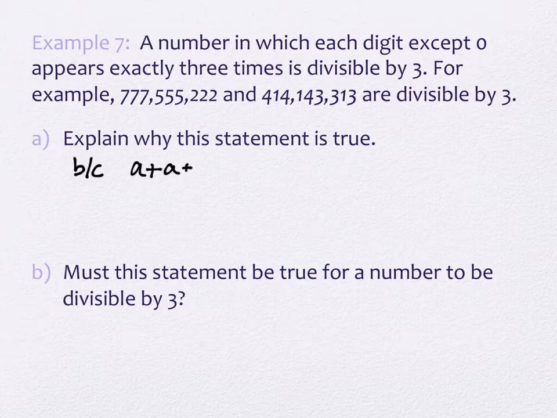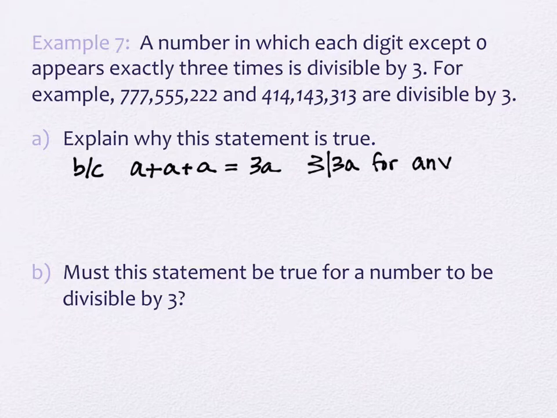Okay, so I'm going to use just an arbitrary letter because we're trying to explain why it always works. So if I have 3 numbers added together, A plus A plus A, this would equal 3A, and 3 will divide 3A for any A. So if A is 7, if A is 5, if A is 1, 0 doesn't matter. That was the description they talked about before, because 0 doesn't add any value to anything.